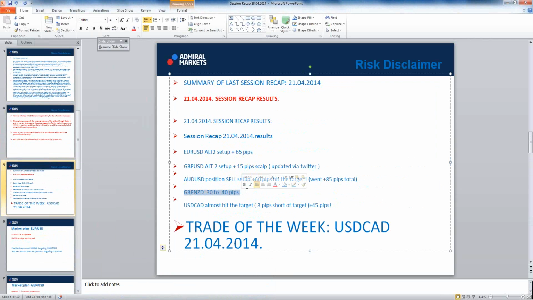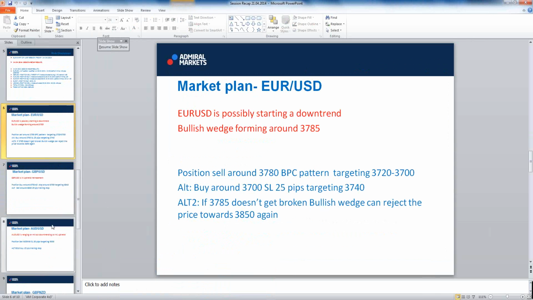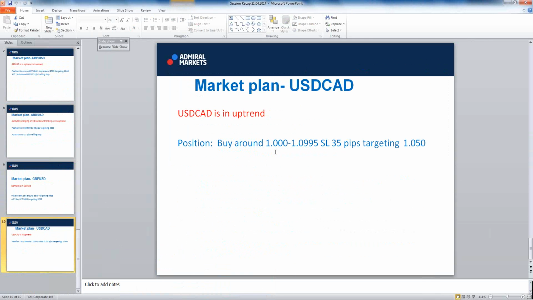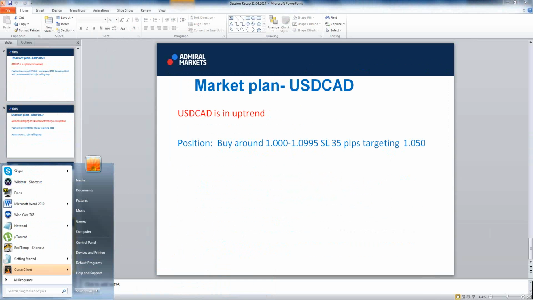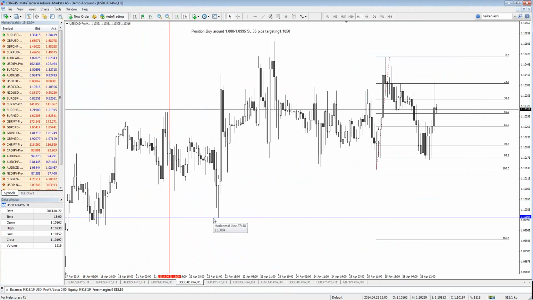And dollar CAD, I need to say this was the trade of the week. It was a buy trade, as you remember. Dollar CAD was a buy trade around 100 tonight, targeting. This was a typo, normally, because it was a buy trade.